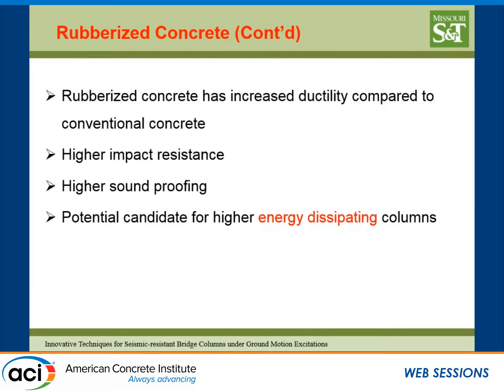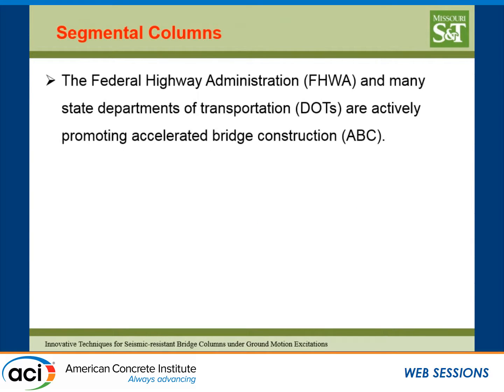Looking at all this, it comes to my mind that it probably has something to do with energy dissipation. If you have soundproofing and higher impact resistance, all this nice stuff, it has something to do with more viscous damping at the material level. So we try to look at whether there is any benefit of using this as energy dissipation at the material level itself. Well, this is one thing. This is related to the internal solution.